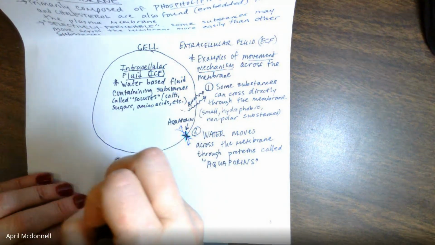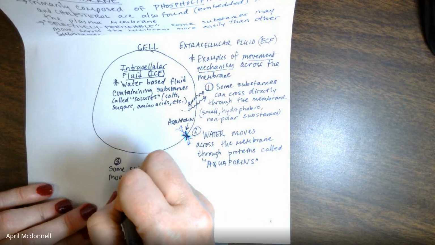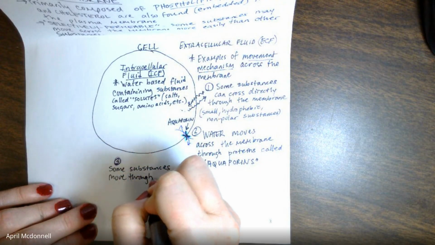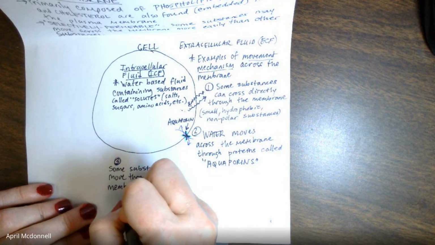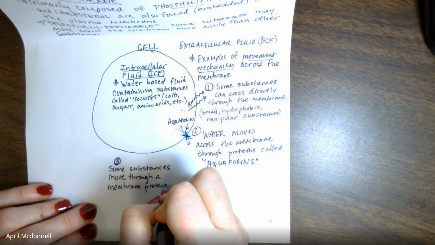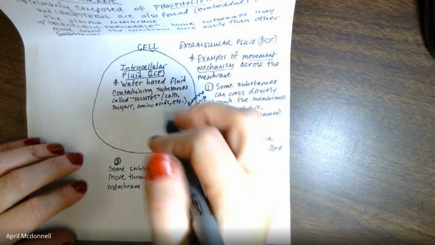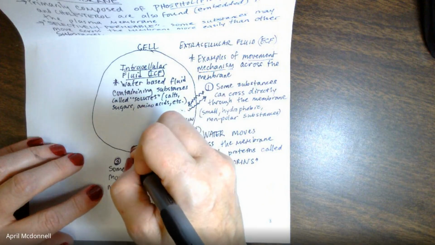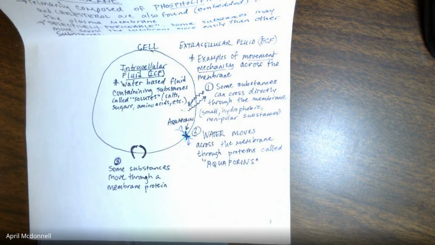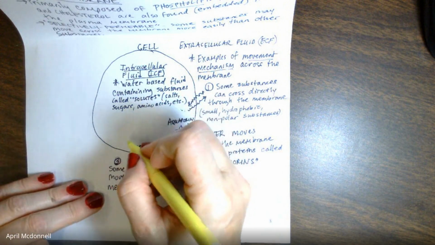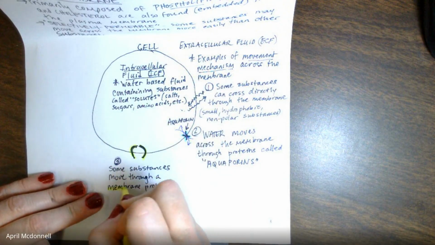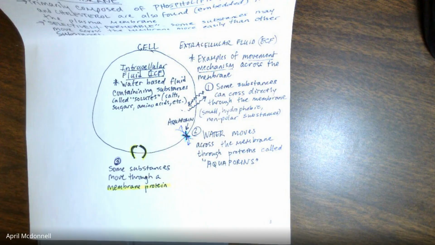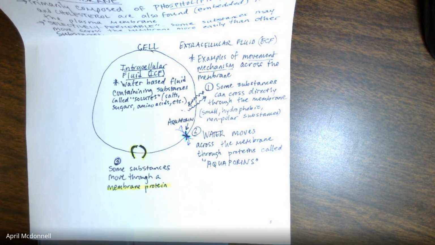So some substances move through a membrane protein. Let's just draw that membrane protein right now. Usually a fairly large substance. That's the membrane protein. And the reason that the substances move through a membrane protein is because they are not compatible with the chemistry of the plasma membrane.